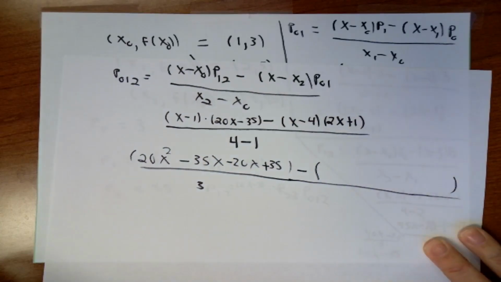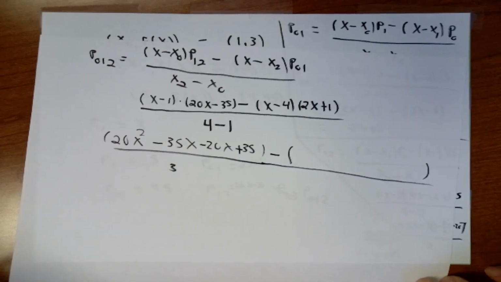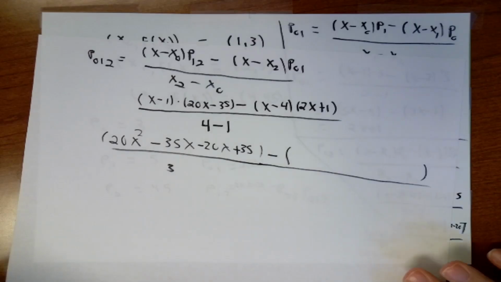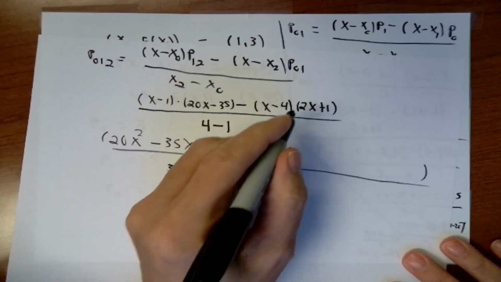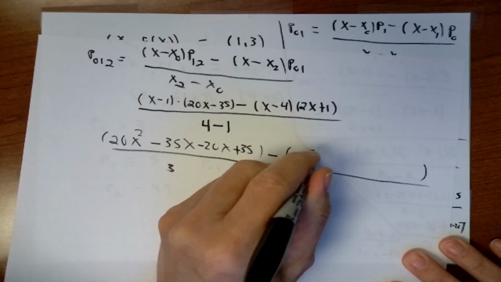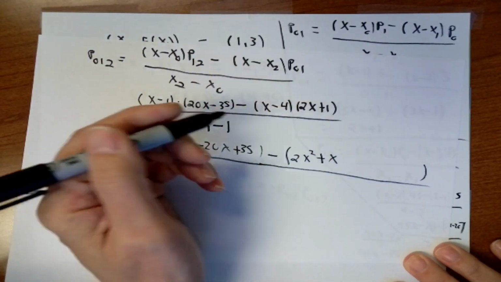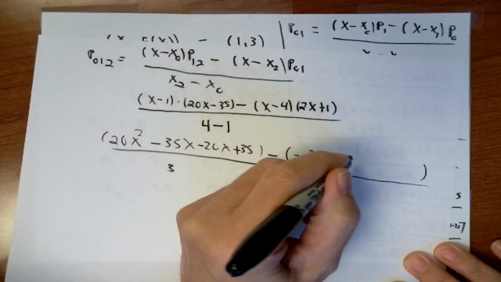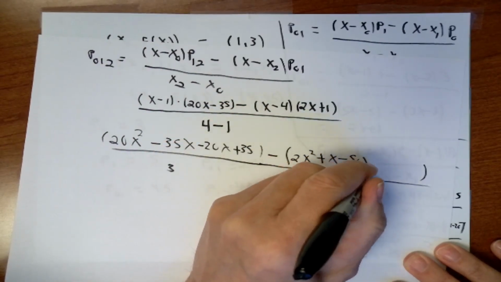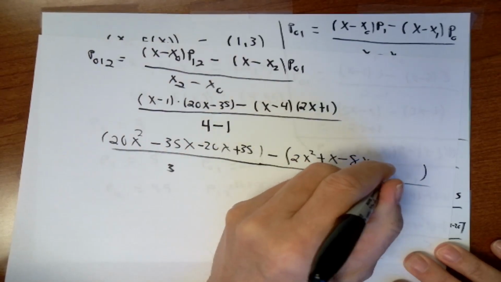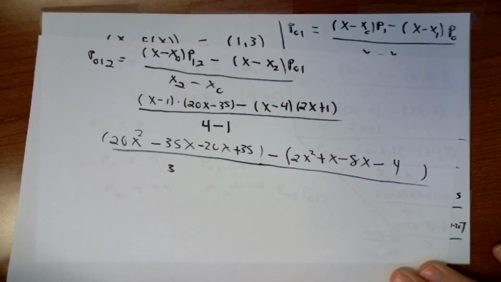And then I have to subtract away whatever x minus 4 times 2x plus 1 is. X times 2x is 2x squared, plus x times 1, minus 4 times 2x, minus 8x, minus 4 times plus 1, minus 4.